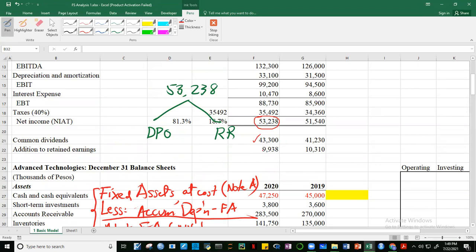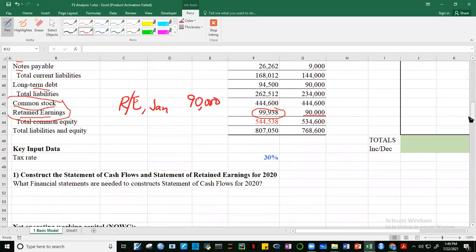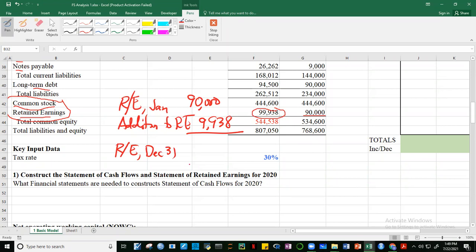So what remained is 9,938. This is the addition to retained earnings. Therefore, retained earnings, December 31, was 99,938.